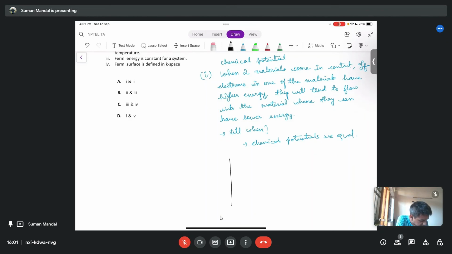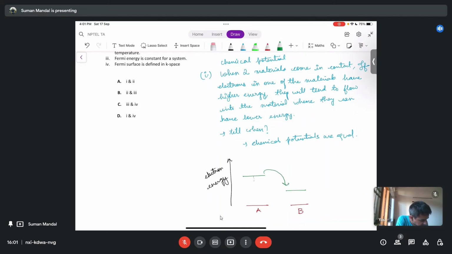If we have electron energy, and two materials A and B, initially this is the electron energy level for A and this for B, the electrons will jump here.